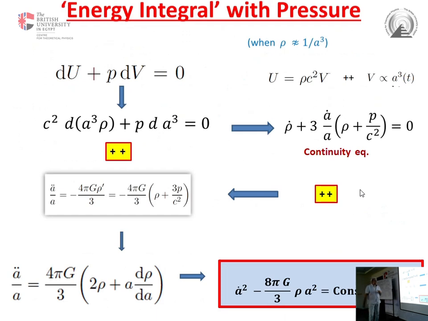Now this is a total differential, rho a squared, d by da of rho a squared, so we can easily integrate our equation. Oh no, there is a 2, sorry, because this is a dot squared over 2, so I multiply. And now it's 8 pi G over 3. Right, so that's our equation.